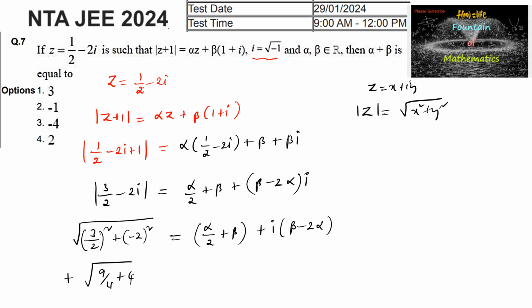On the other side there is no real value, so we can add 0i, which is equal to alpha upon 2 plus beta plus i times of beta minus 2 alpha.